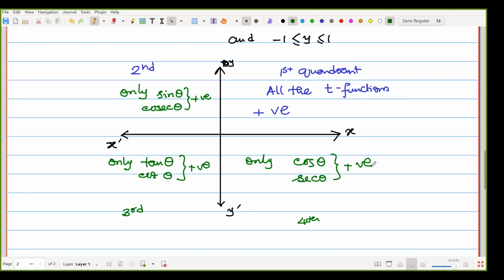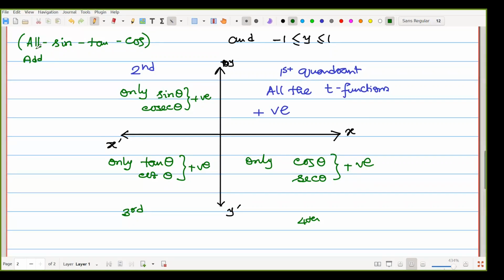Practically, in a single line we call it all sin tan cos. Sometimes it is also pronounced as add sugar to coffee.